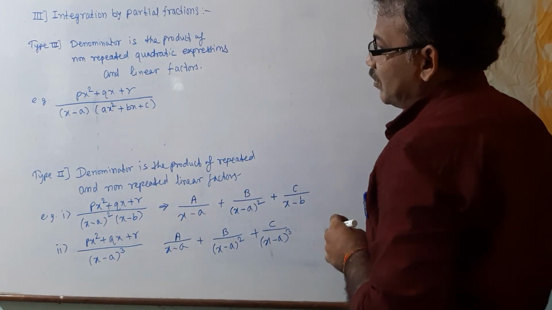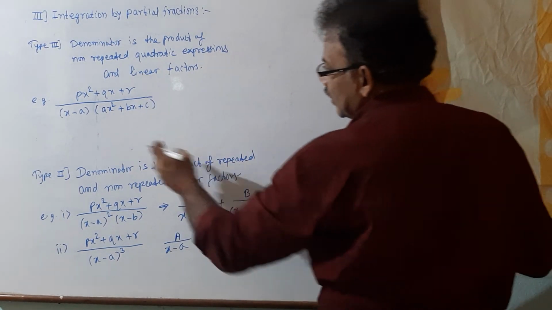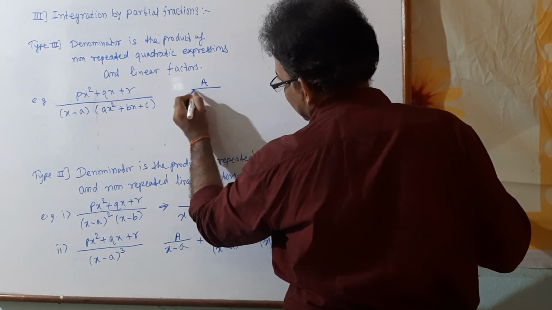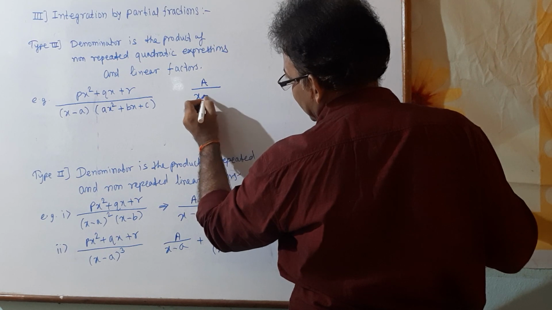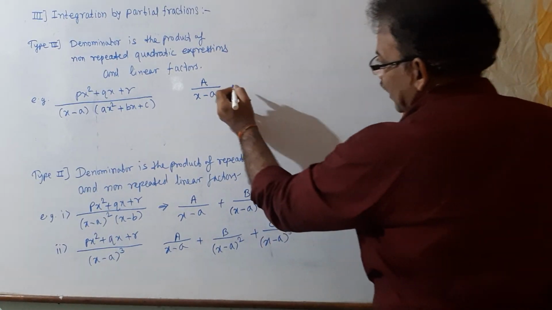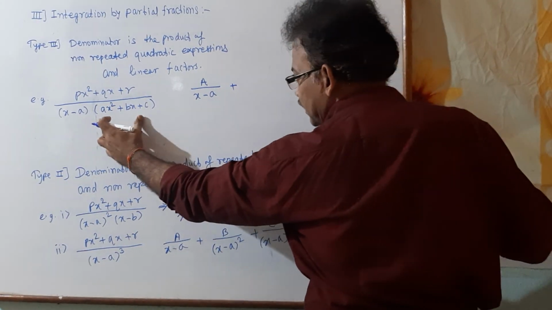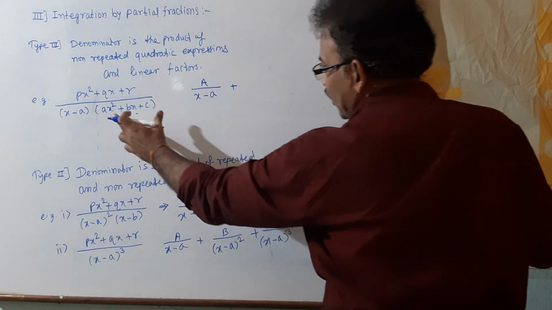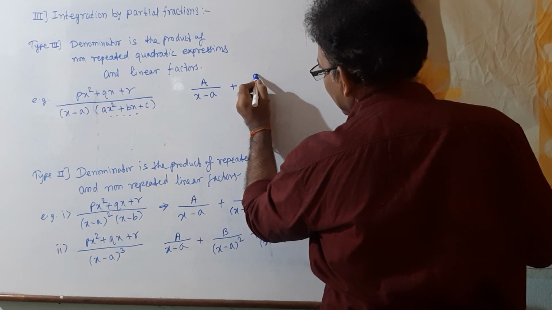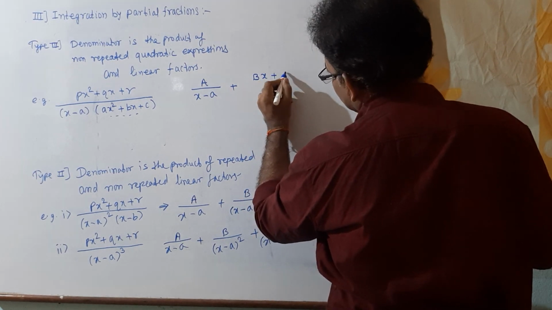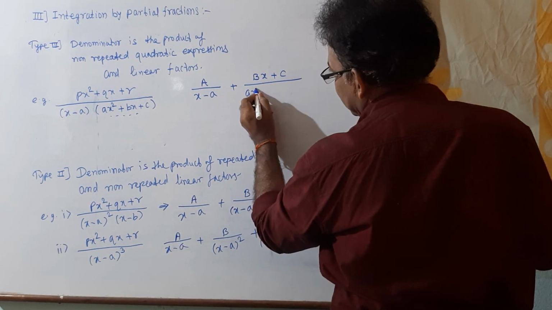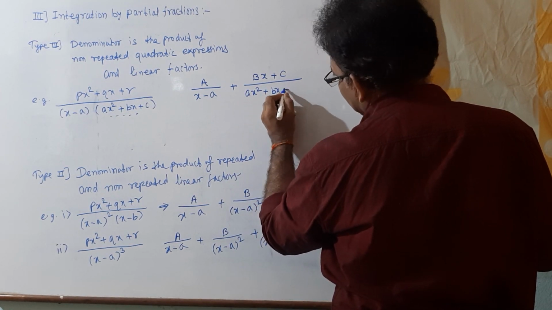So for such a type, what is the partial form? We know for x minus a the partial form takes one constant over x minus a. And for such quadratic expressions, we take a partial form of this type: Bx plus C, divided by that quadratic expression, ax square plus bx plus c.